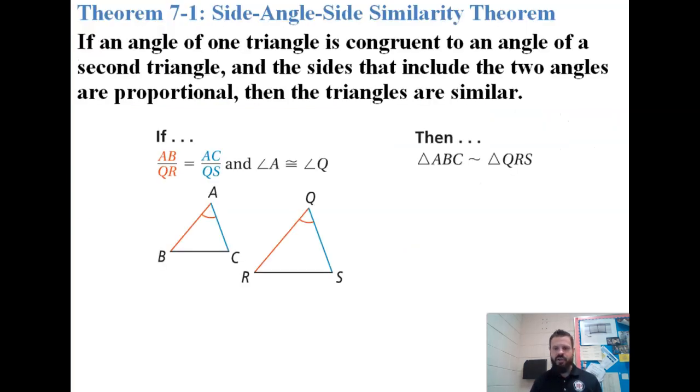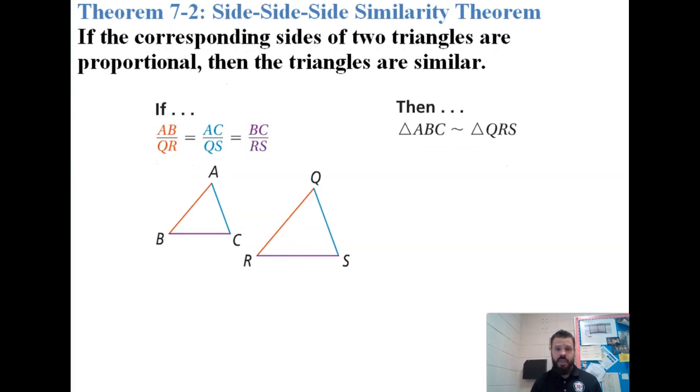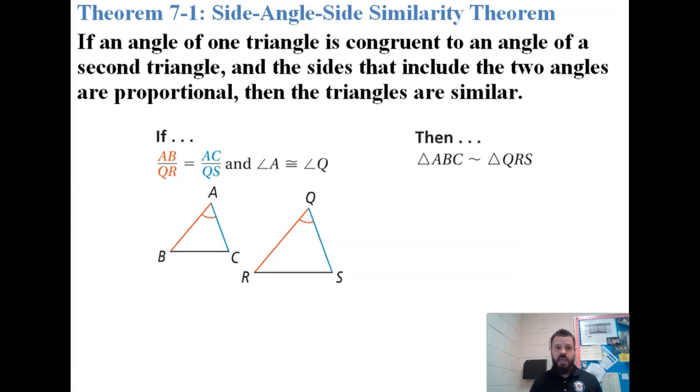All right, the angle-angle similarity postulate is going to lead to two more shortcuts, the side-angle-side similarity theorem and the side-side-side similarity theorem. Let's go through those here. The side-angle-side similarity theorem says that if an angle of one triangle is congruent to an angle of a second triangle, and the sides that include the two angles are proportional, then the triangles are similar.